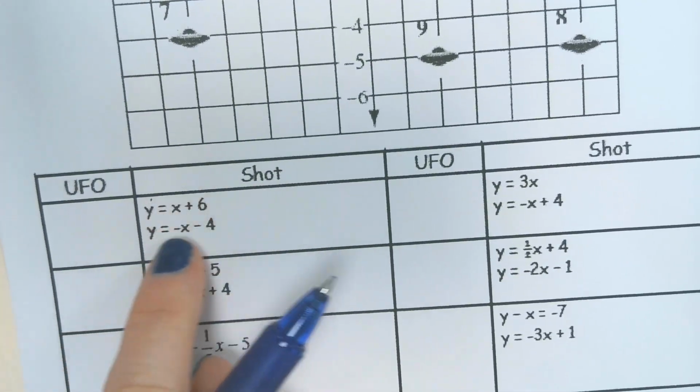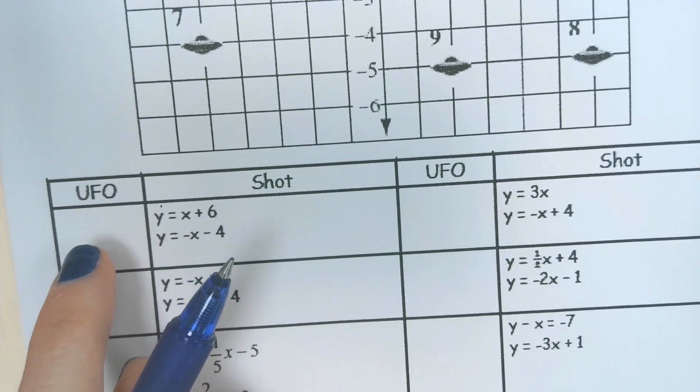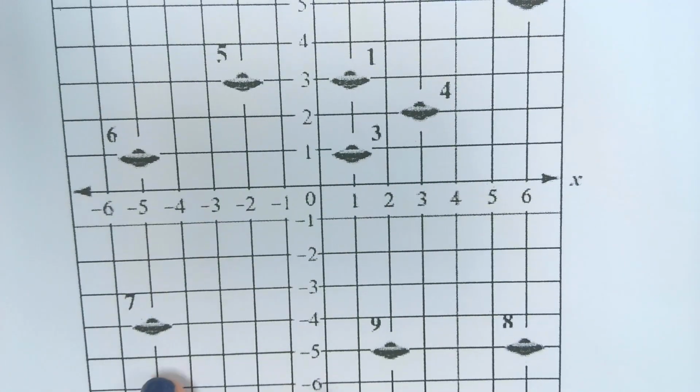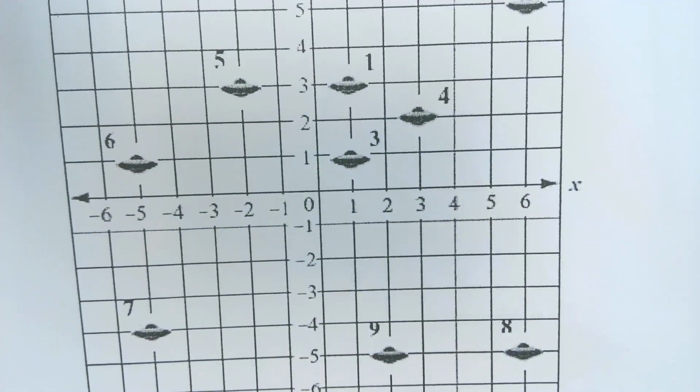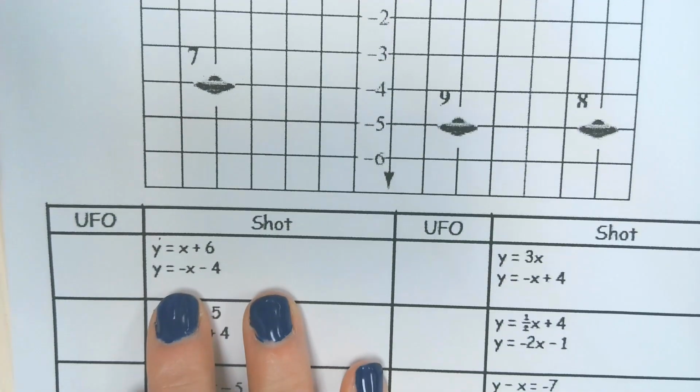On each of these, you're going to graph it and then write the UFO that it locks in on. So it's going to go through one of these 10 UFOs. If it doesn't intersect at one of those 10 UFOs, you did something wrong. Okay, you have the rest of the class period to work and finish this. If you've forgotten how to graph, go back and look at your notes.